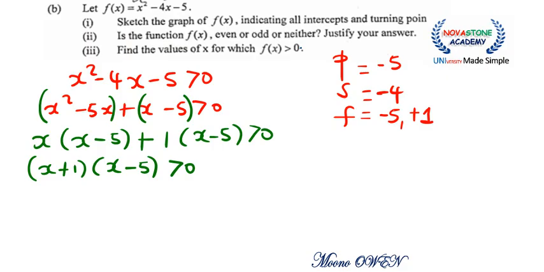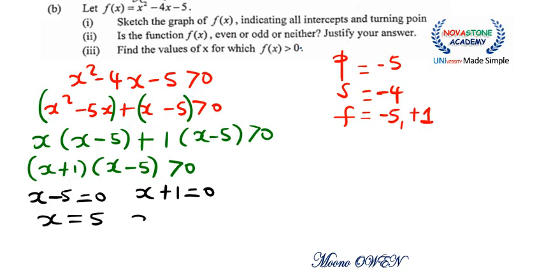Now that I've got that, what are my critical points? I'm going to get each of the factors, then equate it to 0. If I get x minus 5, I equate it to 0 and find the answer. I'm also supposed to equate x plus 1 to 0. So therefore x in this case is going to be 5, the other one x equal to negative 1. So those are my critical points.